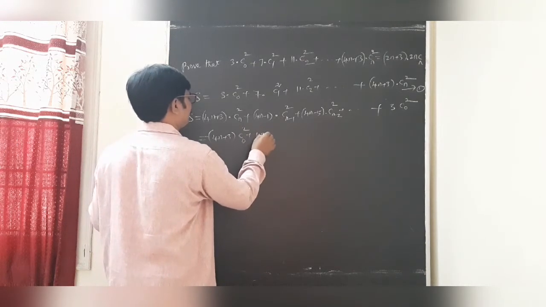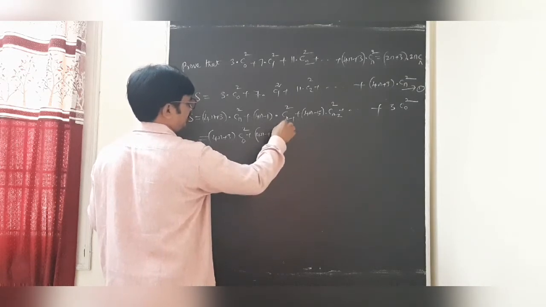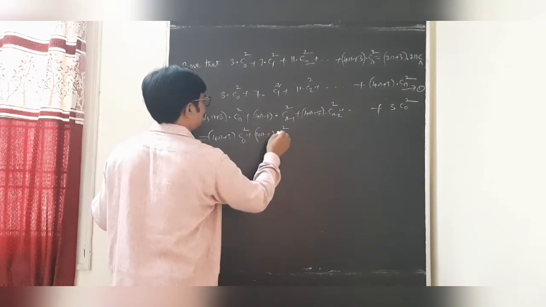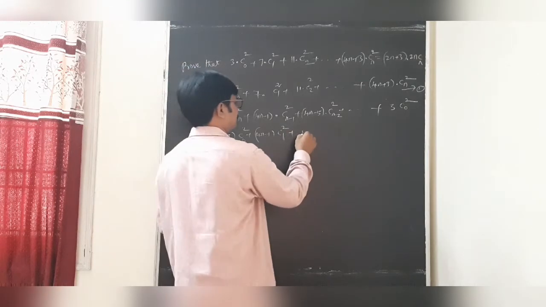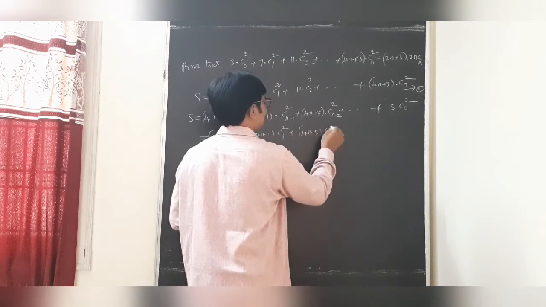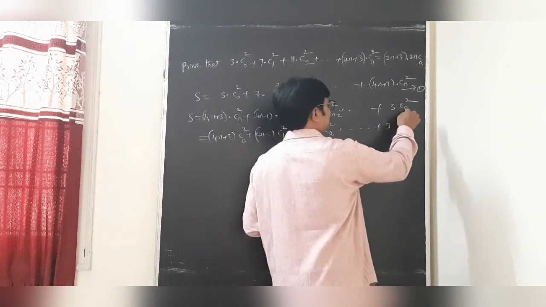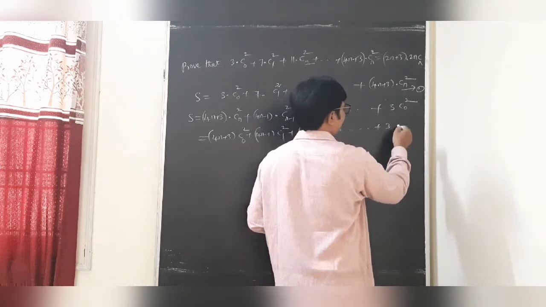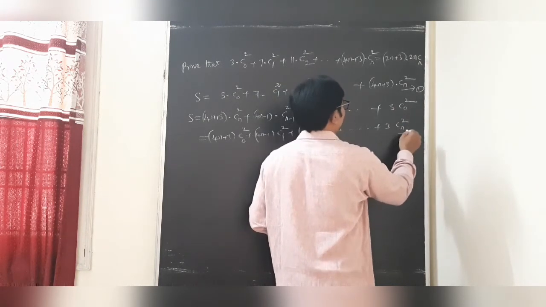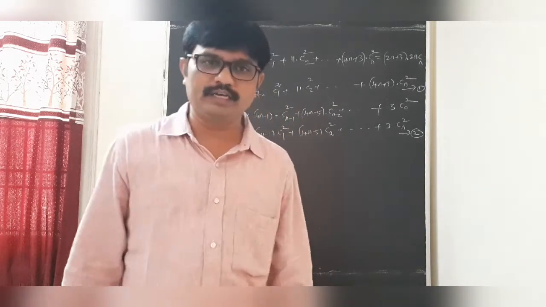This is (4n minus 1) into nC(n minus 1), that is nC1 square. After that (4n minus 5) into C2 square, and so on, 3 into nC0, n minus 0 is n, Cn square. This will be taken as 2.